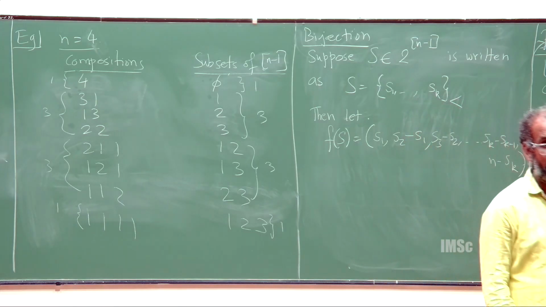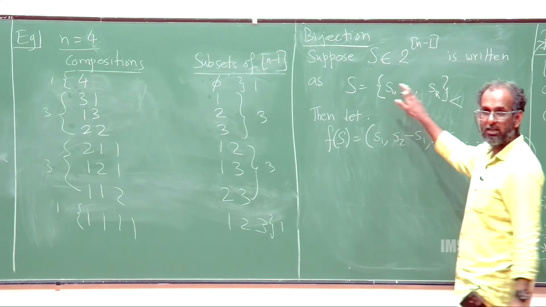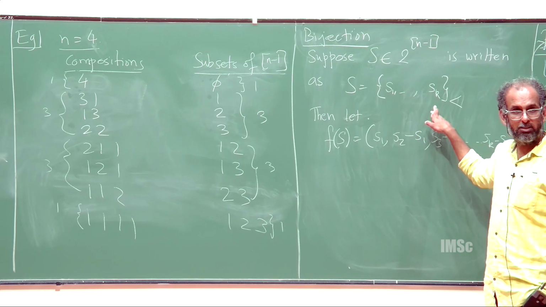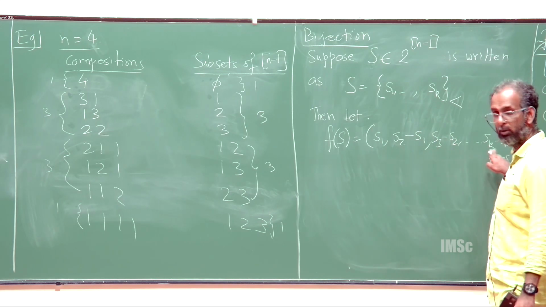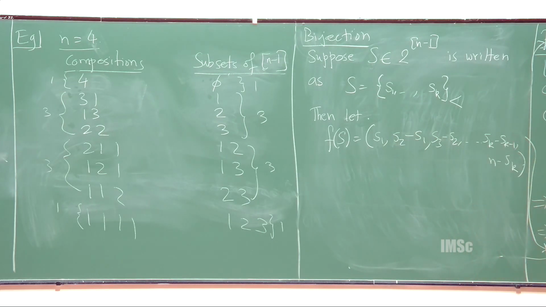So it should sum to n, and now we have something that sums to n, and all the parts are positive integers, by construction, because S is an increasing collection. We have ordered the numbers in increasing way, so all of these are strictly positive. It's a set, so it cannot have any repeating elements, right? Is that clear? All the elements are distinct. We have arranged them in increasing order, and I am taking successive differences, and I have taken S1 also.